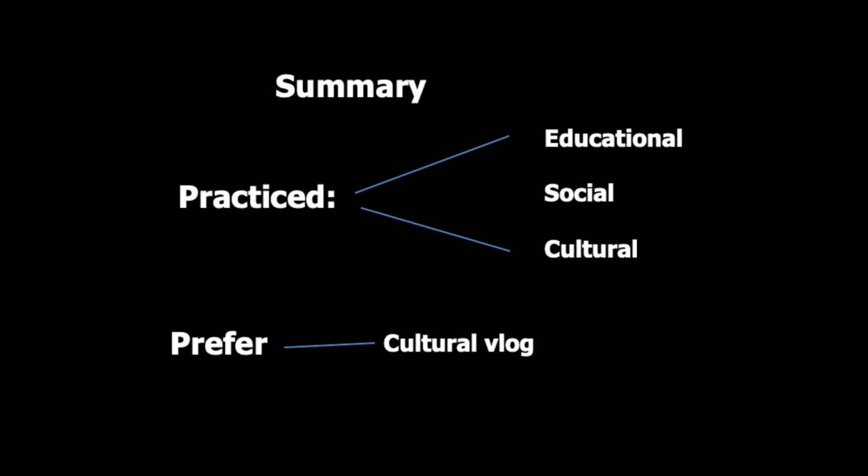I have practiced producing videos of various genres, including education, society, and culture. Through this experience, I began to be interested in producing video, and among the genres I learned and practiced, the travel vlog attracted me most. So I decided to film more vlogs after my graduation and to be a vlogger.